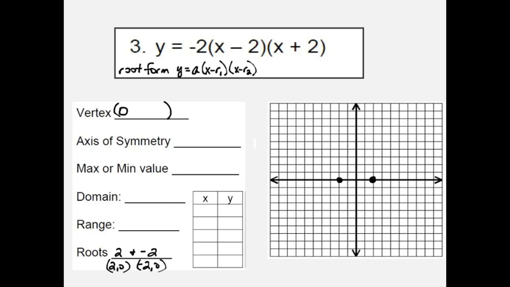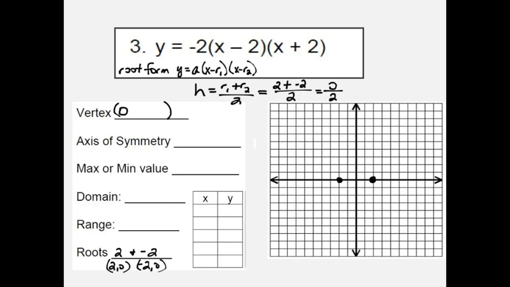Now remember, for root form, h is equal to root 1 plus root 2 divided by 2, which in this example will be 2 plus negative 2 divided by 2, or 0 divided by 2, or 0. Now, it's not always going to be 0, but it is in this example.